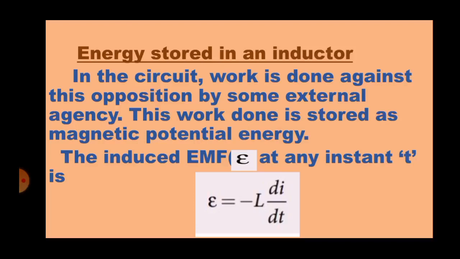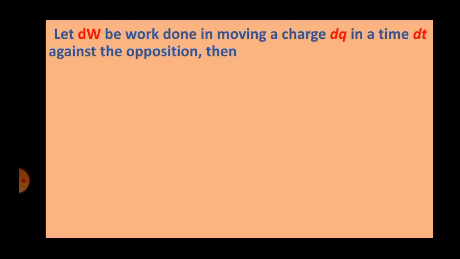So students, now here assume resistance of the inductor is negligible, only inductance effect is considered. So induced EMF at any instant of time E is equal to minus L di by dt. The small amount of work done dW in moving a charge dq in a time interval dt.